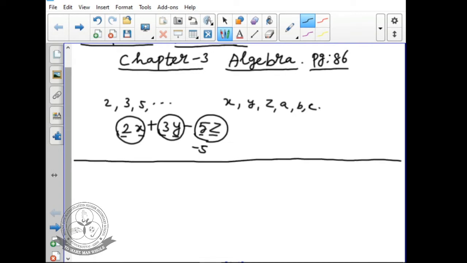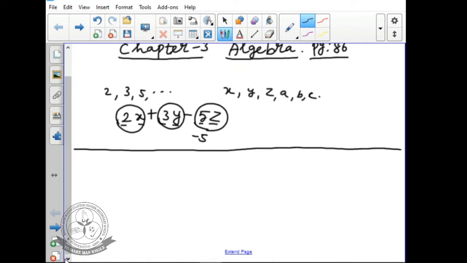See here, in your book page number 86, they have given the definition. Algebra can be thought of as the next level study of numbers.